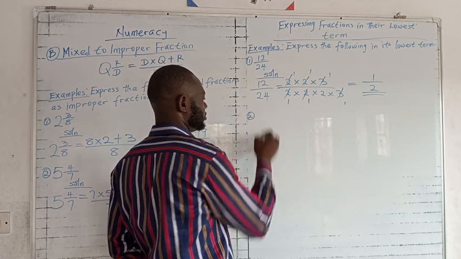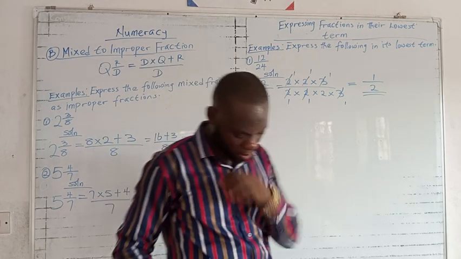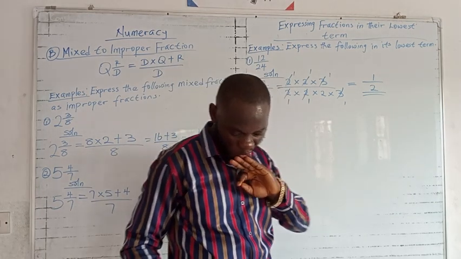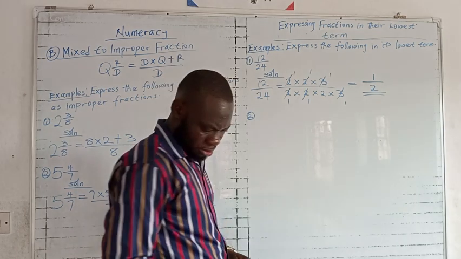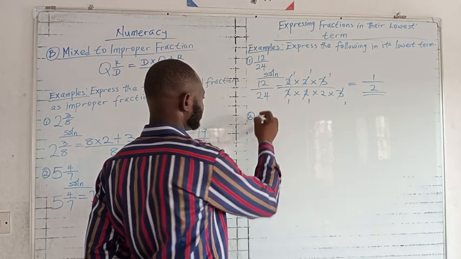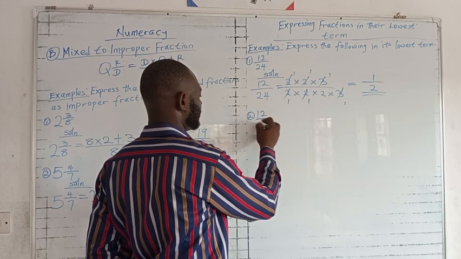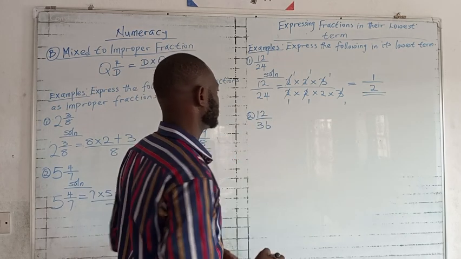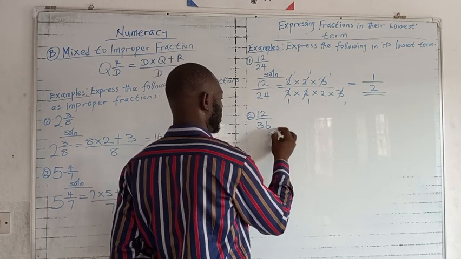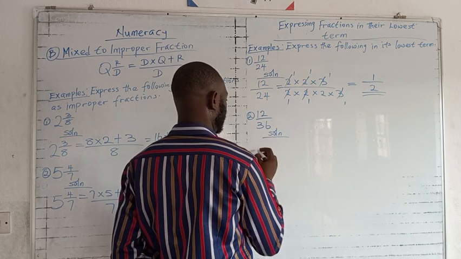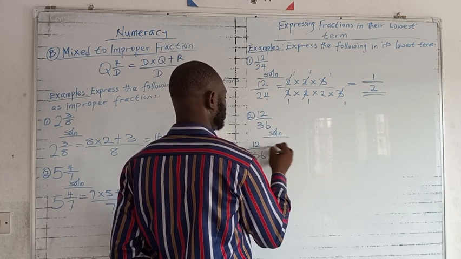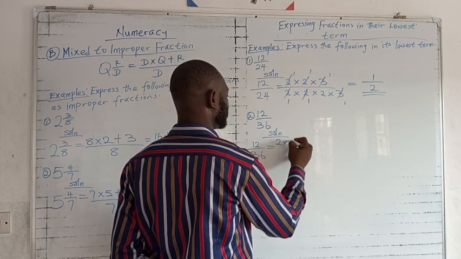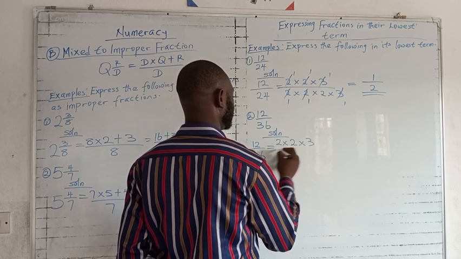Let's look at another example. Let's say we have 12 over 36, for instance. Solution. 12 over 36. We already know that the product of prime factors of 12 is 2 times 2 times 3.